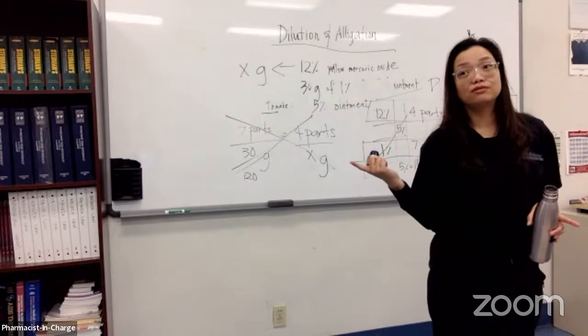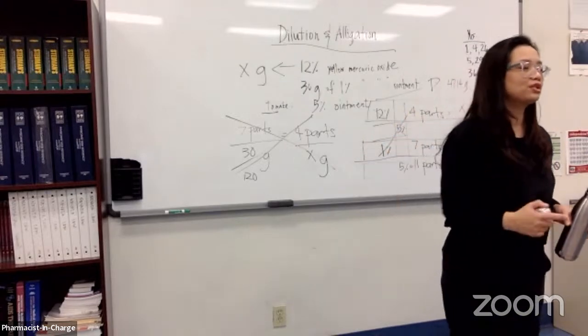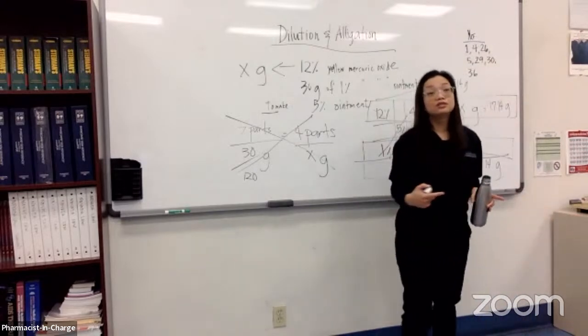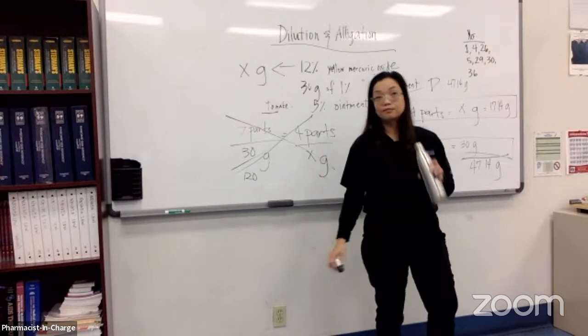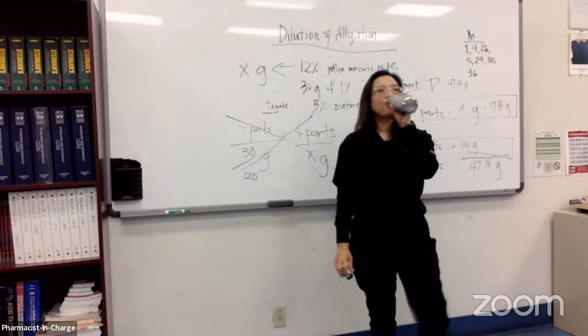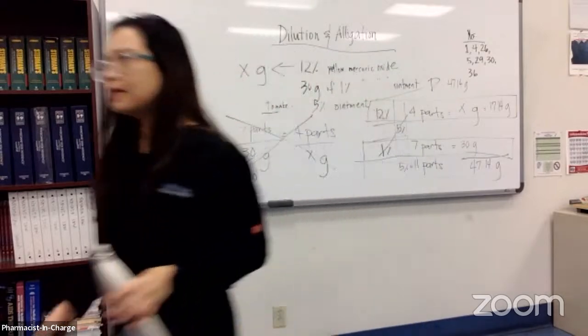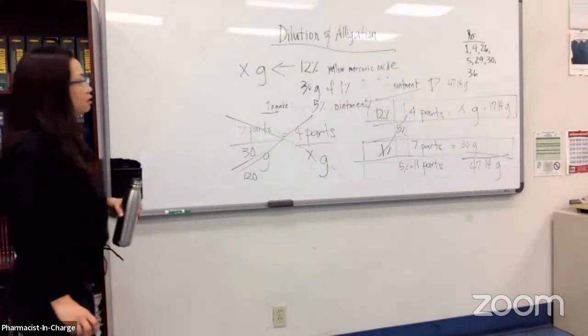But through 15 years of teaching, listening to students, the ratio and proportion clicks to them better. So I'll try to do it the ratio and proportion way. Did that click better, rather than the fraction way? The 30 grams, like the grams that they give you, always put that on the bottom, correct?